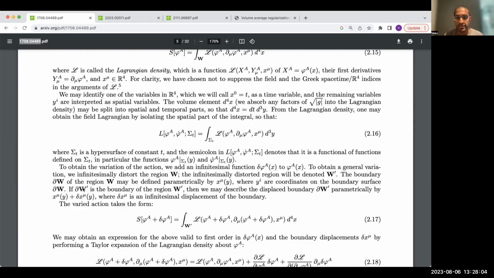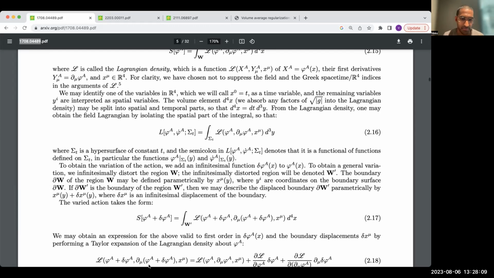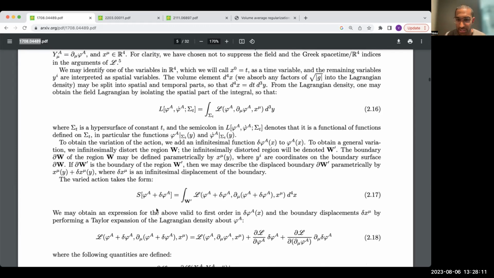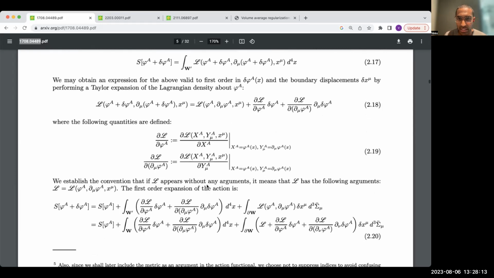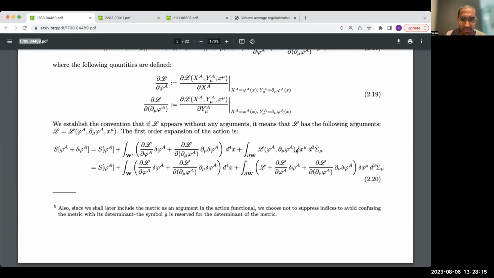That's a sort of covariantization of the process of just varying the endpoints, or allowing for the variation of the endpoints. And what it does is that it just gives us a term on the boundary that evaluates to the Lagrangian delta x mu dotted into the surface element of the boundary.